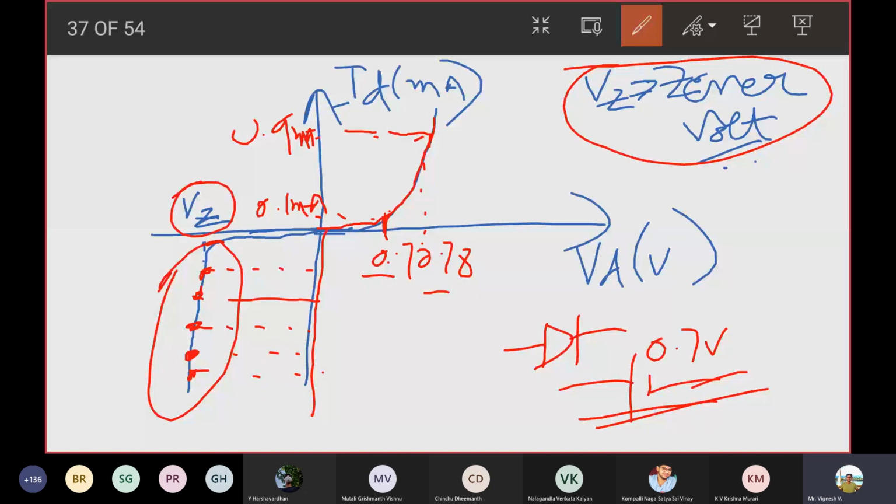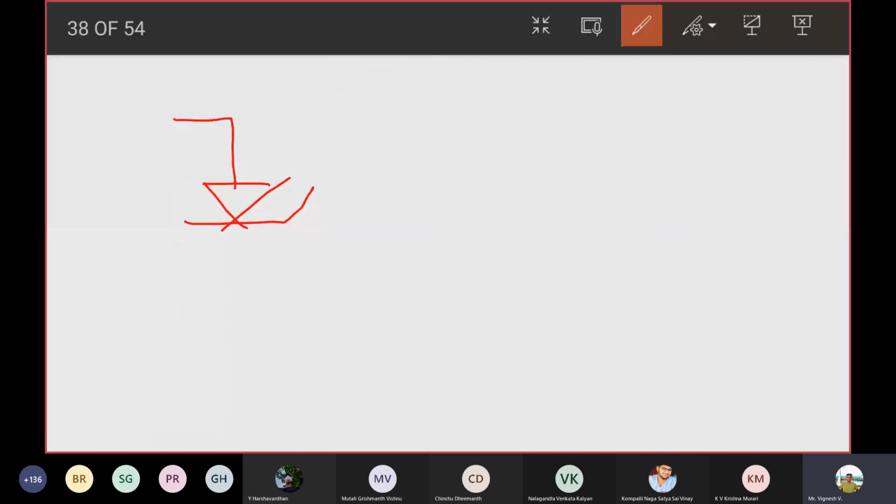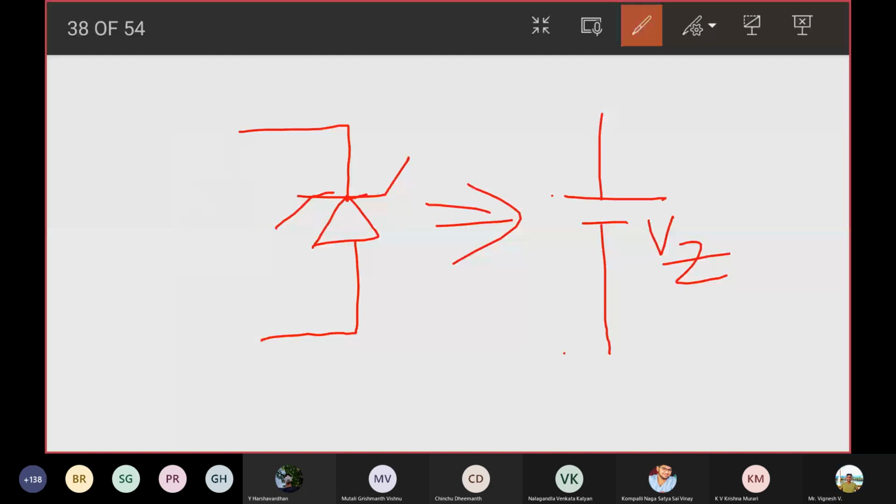One very important point to note here is, if the Zener diode is connected in the circuit like this, the equivalent is you replace it with a battery VZ. Note the positive and the negative terminal. The positive terminal is the cathode of the Zener diode, and the negative terminal is the anode of your Zener diode. The reason you do this is you purposely want to operate the Zener diode in the reverse bias condition.